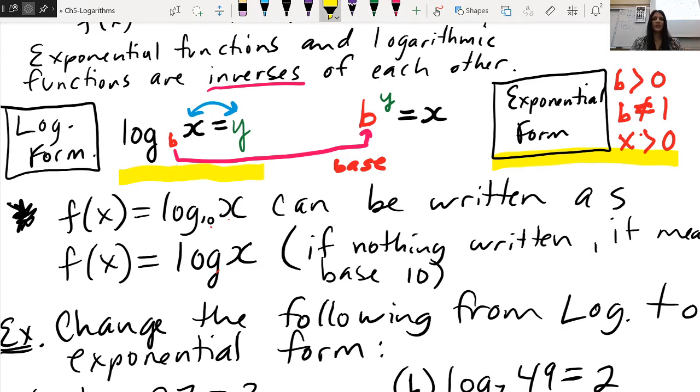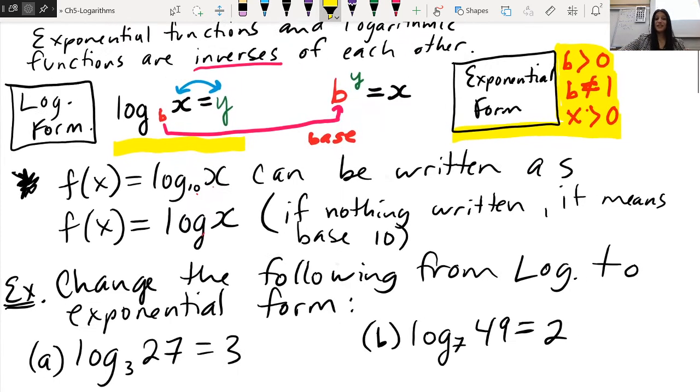X is always greater than 0. As we go through and start to look at this, you'll start to understand the reason why these are there. But for now, just know those or memorize them. And then as we get to working with these equations, you'll start to understand the reason that they're there. Good?